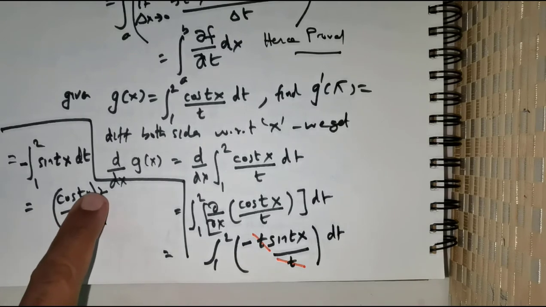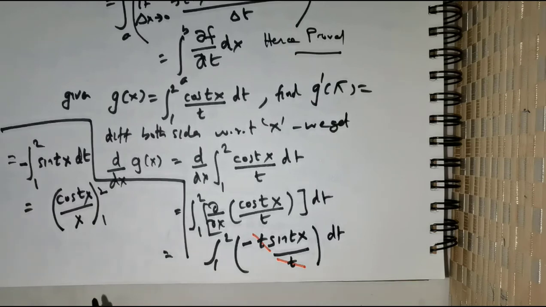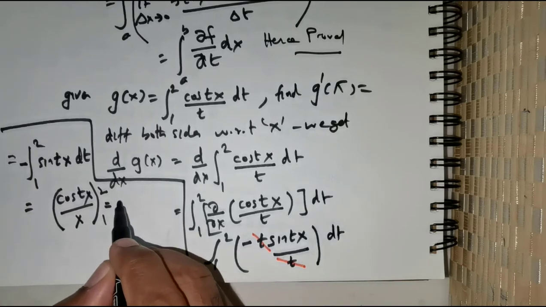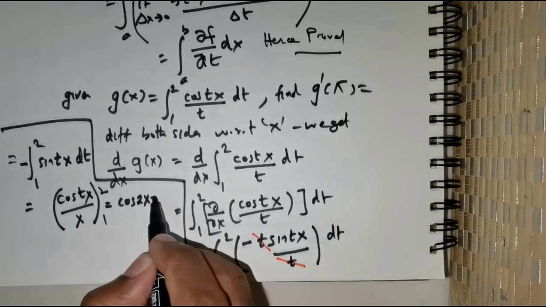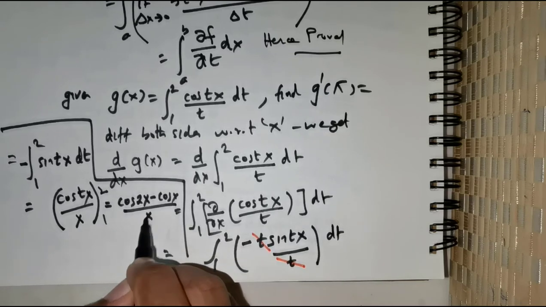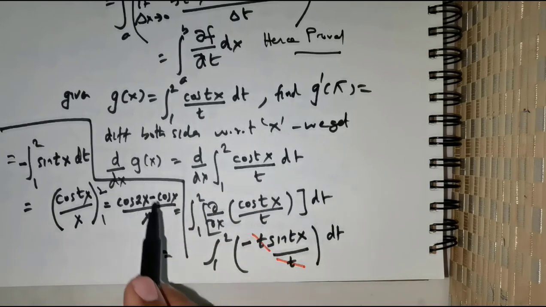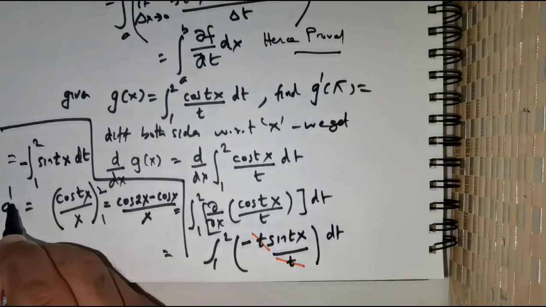The limits have to be applied for t because the integration is done with reference to t. Applying the limits gives cos(2x) minus cos x, divided by x. And this is my g dash of x.